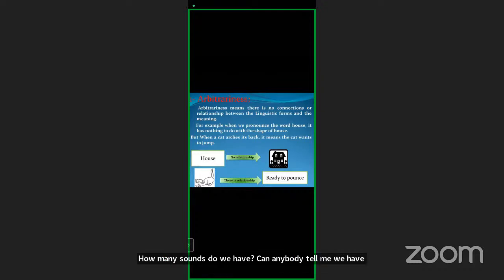We have 44 sounds, but we have 26 letters. So there is a disparity between the sounds and the letters, right? Because we have 26 letters, then how can we have 44 sounds? Yes, we use all these 26 letters to utter 44 sounds, right? We will also talk about that one.